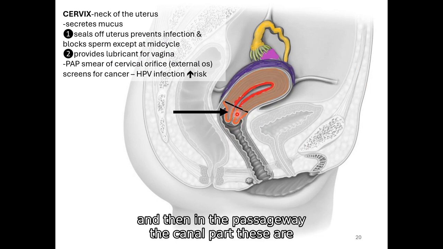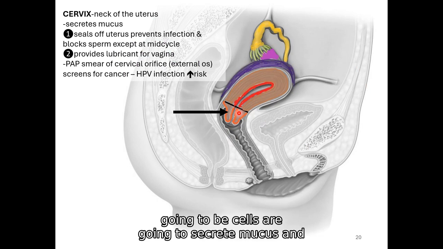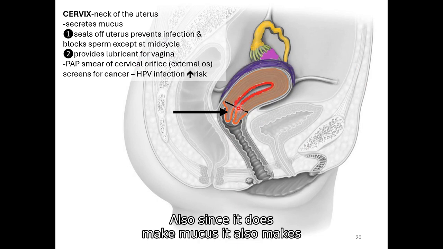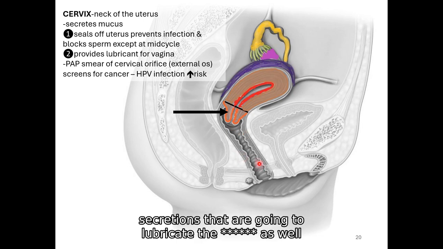And then in the passageway, the canal part, these are going to be cells that are going to secrete mucus. And that mucus is going to be thick, except at mid-cycle when ovulation occurs. Also, since it does make mucus, it also makes secretions that are going to lubricate the vagina as well.